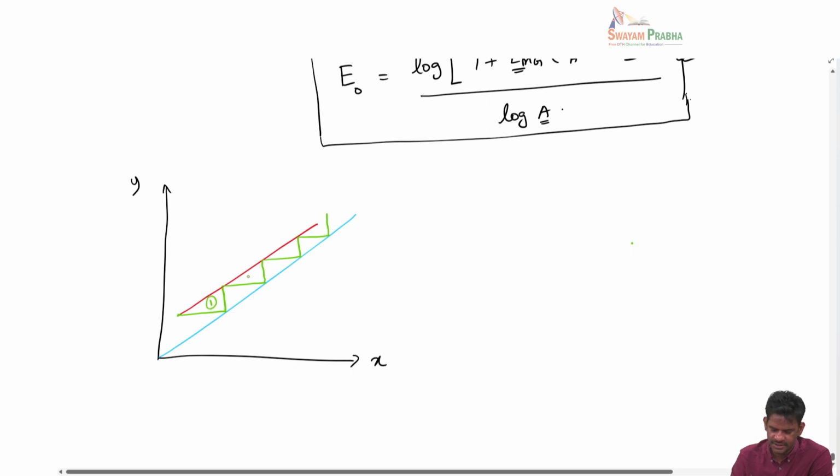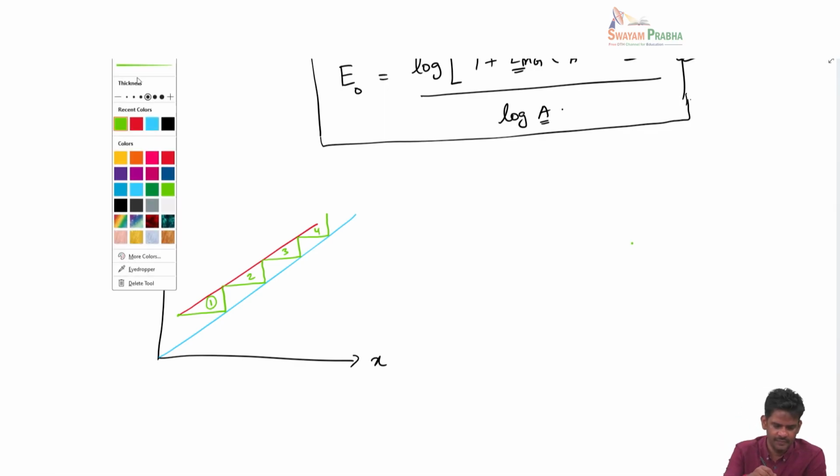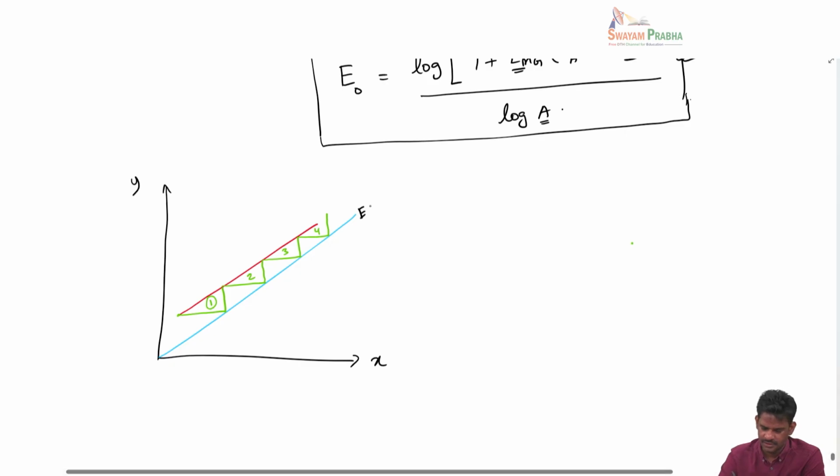So this is the first stage, second stage, third stage and fourth stage also. This is the equilibrium line, this is the operating line, and this is how you calculate the total number of ideal stages.